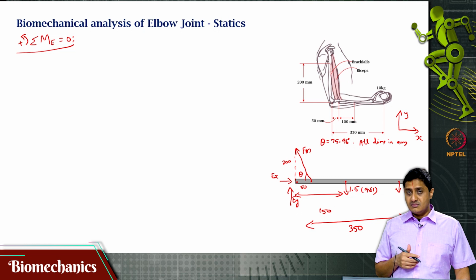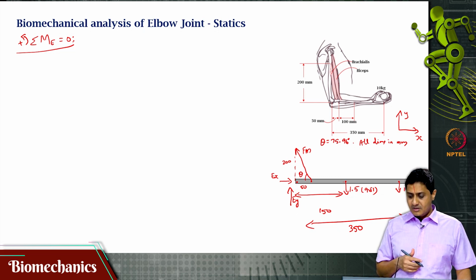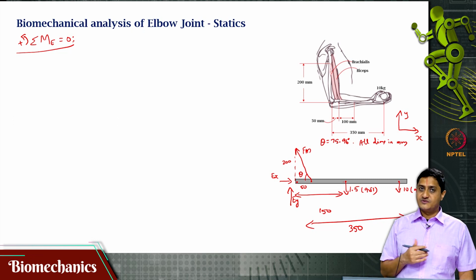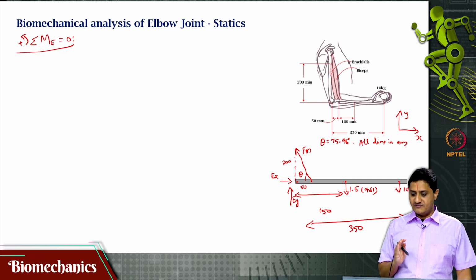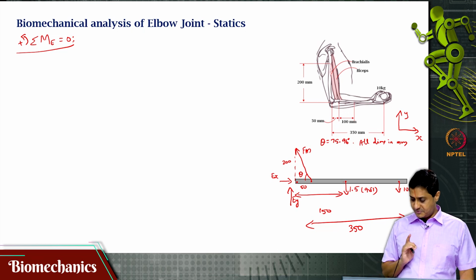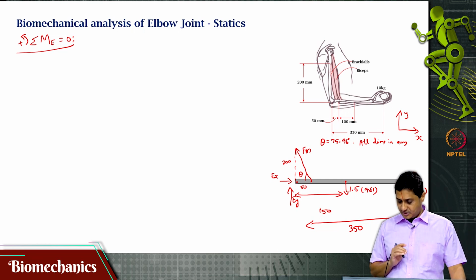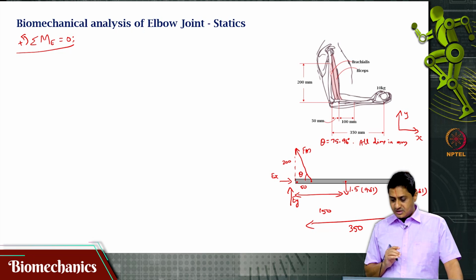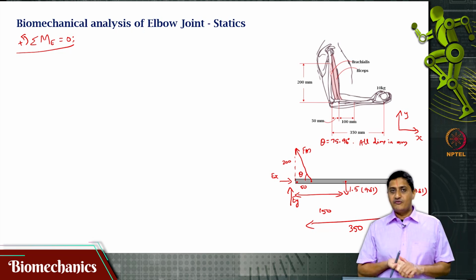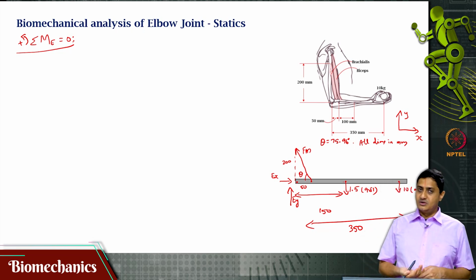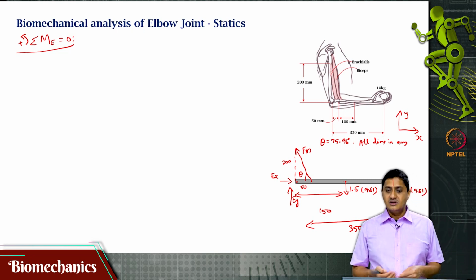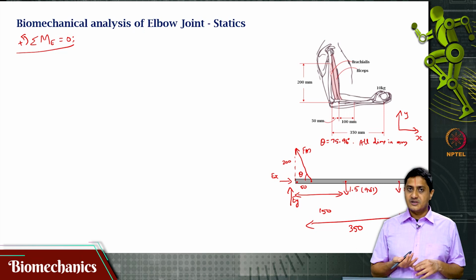The muscle force will cause a moment, but the horizontal component of the muscle force will not cause a moment. Only the vertical component will cause a moment. Remember this. The weight of the forearm will cause a moment, the external load will cause a moment. The corresponding moments we will have to write out, and we will have to write out the corresponding directions.